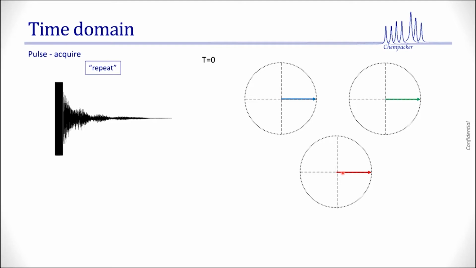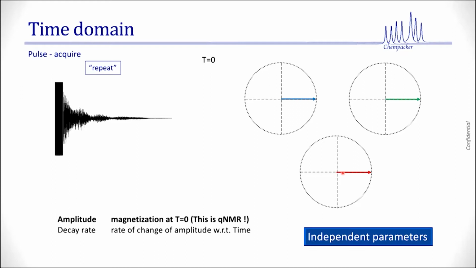The information at t equals 0 is the amplitude, the integral. The decay rate is the rate of change of that amplitude with respect to time. Nothing to do with each other. One is amplitude at t equals 0. The other one is the rate of change of that amplitude. So decay rate, which is the line width, should have nothing to do with amplitude if you measure it at t equals 0.